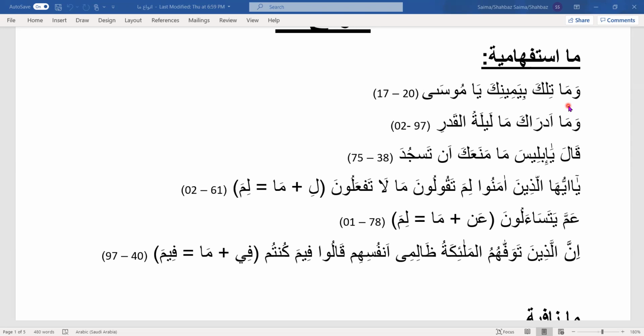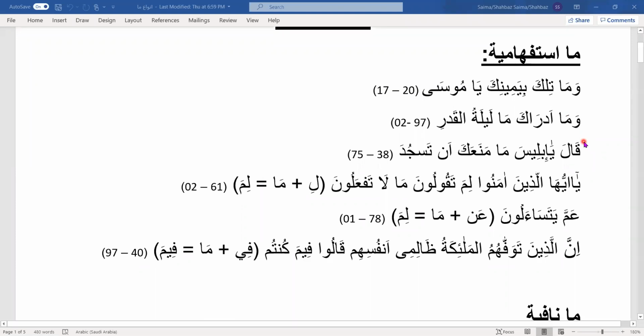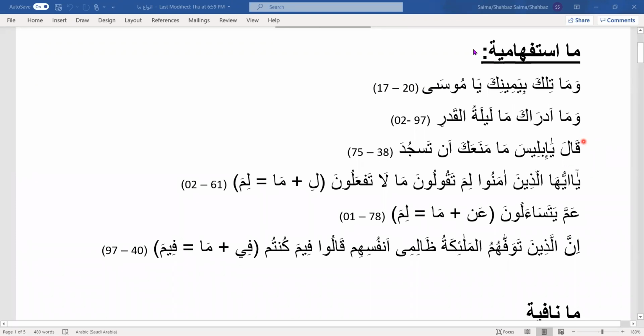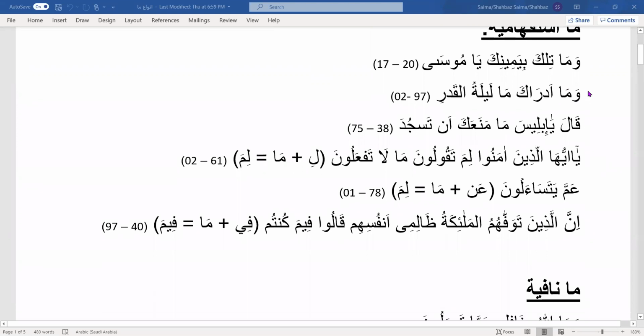So that ma is istifhamiyah. Okay, let's go to the next example. I will just go through this quickly because we all already know this, so we don't need to spend too much time on this. Anyone else? Brother Ashar, would you mind doing the next one if you are online?